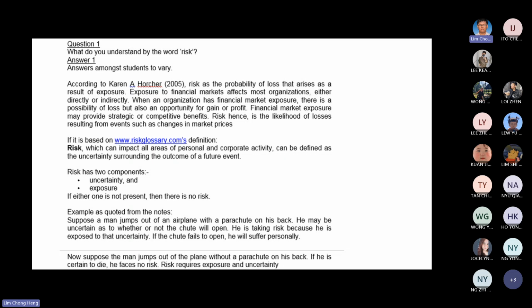So nowadays a lot of companies start to do risk management, though some companies still park it in the finance department.